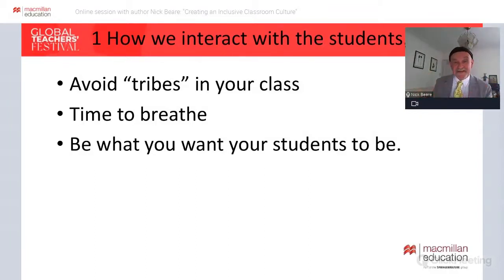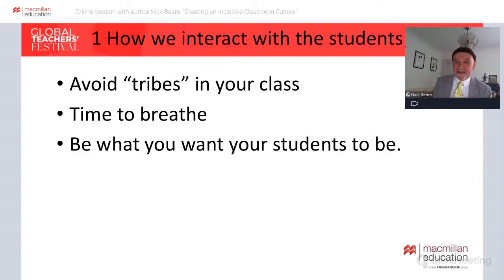Another one that's very popular is the sporty little tribe, the ones who are really good at sports, and they're not going to be talking very much to the ones who are perhaps no good at sports or hate sports. We get the geeky ones, who are really good at computing and spend all their time, perhaps too much time sometimes, looking at computers and programming and who knows what else.